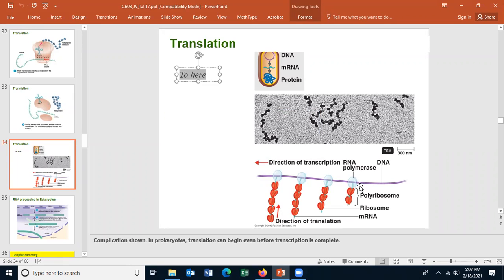And there can be many ribosomes attached to that one messenger RNA, which is not finished being transcribed yet. Everyone clear on that? The reason why that happens in prokaryotes is the DNA is in the cytoplasm, so the messenger RNA gets made in the cytoplasm, and then the ribosomes are in the cytoplasm and they can attach to the messenger RNA, and that's why it all happens at one time. Any questions about that?